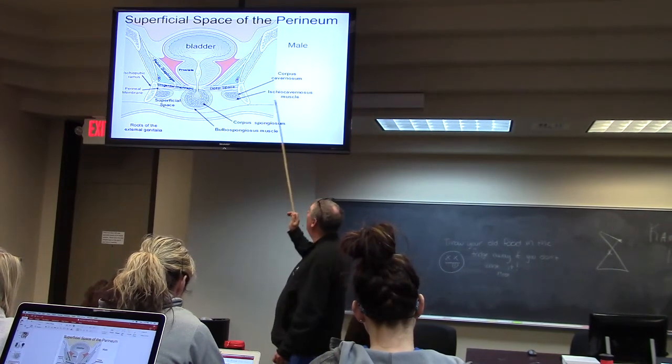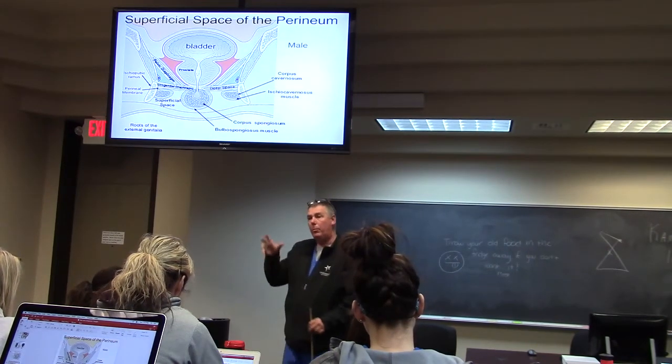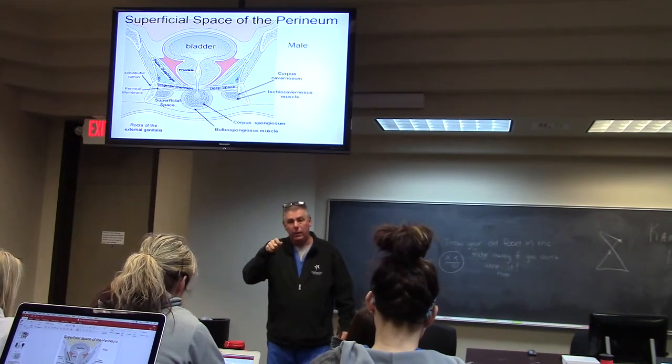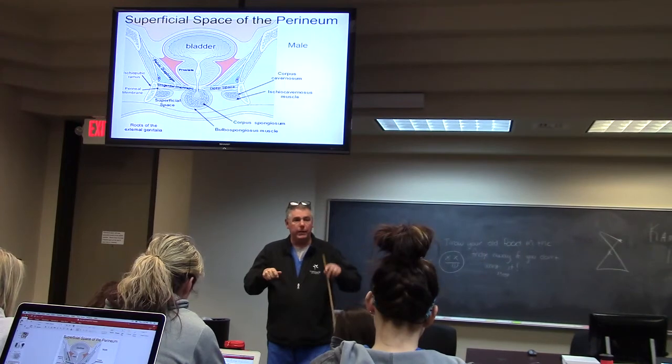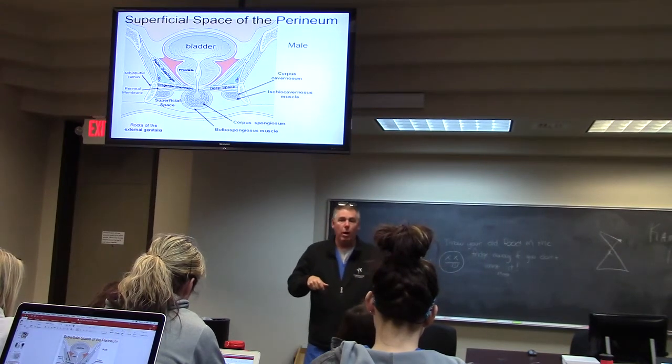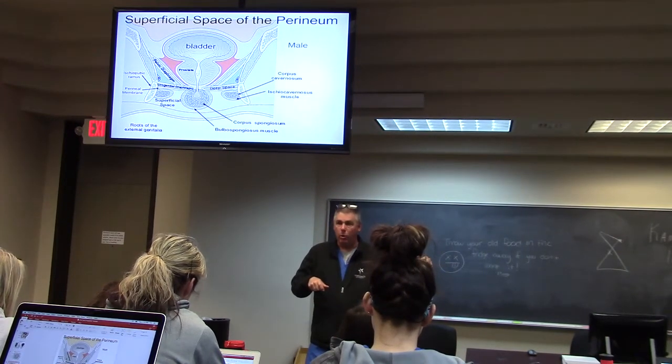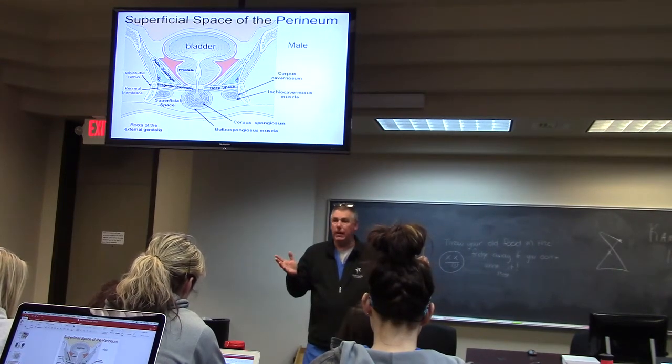So the muscle around it will help propel blood that's in the erectile tissue. It squeezes it to make the downstream tissue firmer or more hard. Okay? Male or female, it's the same thing.